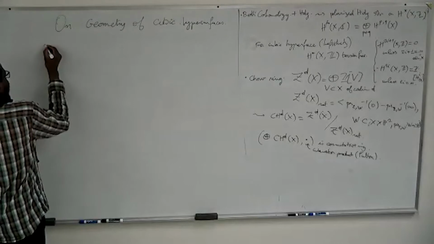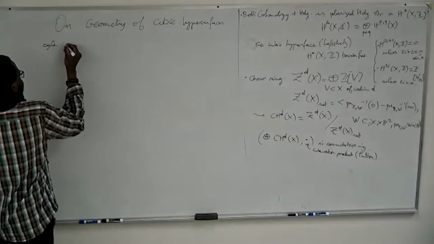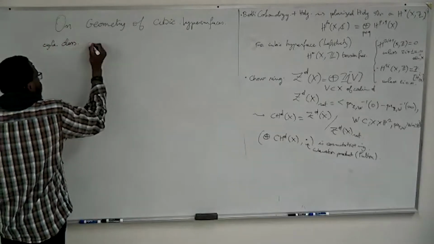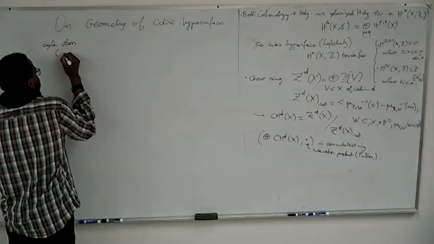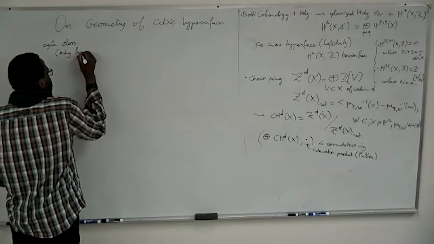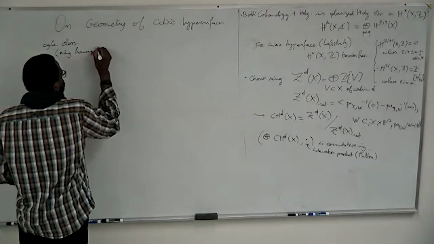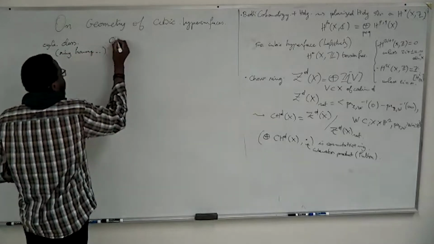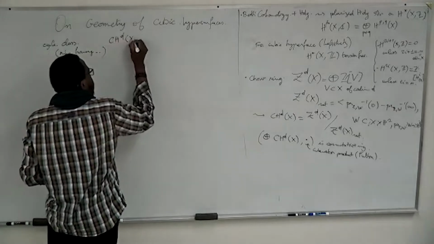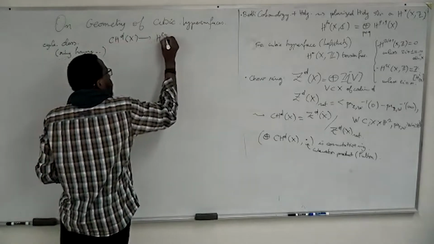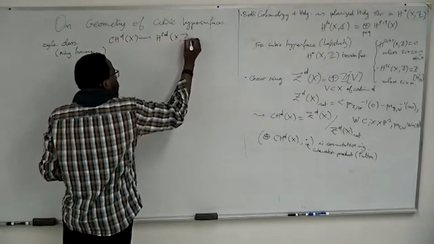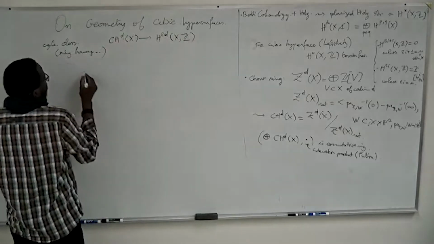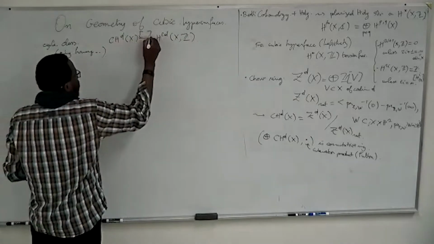We have the cycle class. So this is just to remind you of the cycle class map, which is a ring homomorphism. When we take the direct sum, it goes from Chow groups to homology groups, and let me denote it like this.